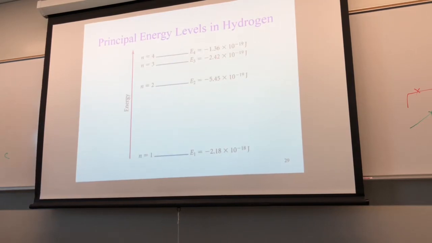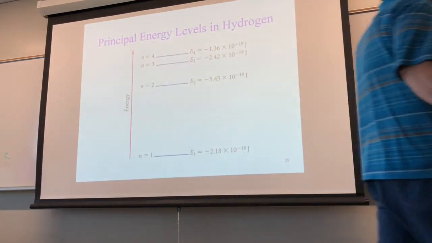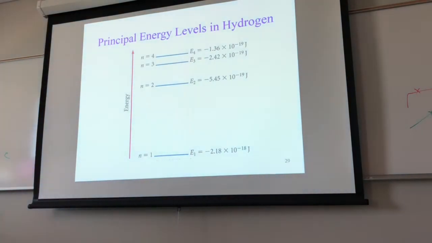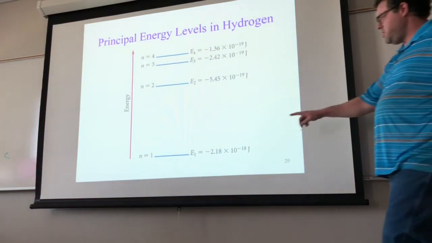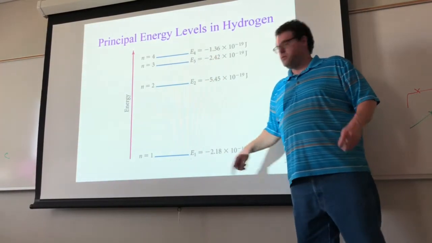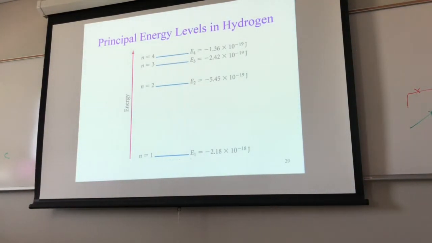So if you were to graph this out and actually calculate those values for n equal to 1, 2, 3, and 4, these would be the numbers you would come up with. Notice all the numbers are negative also. This is writing it as if that's energy released. In other words, the electron travels down to that energy level.